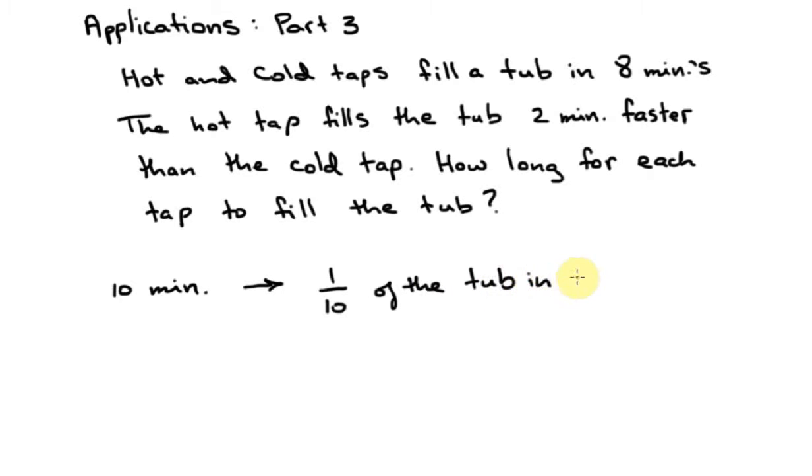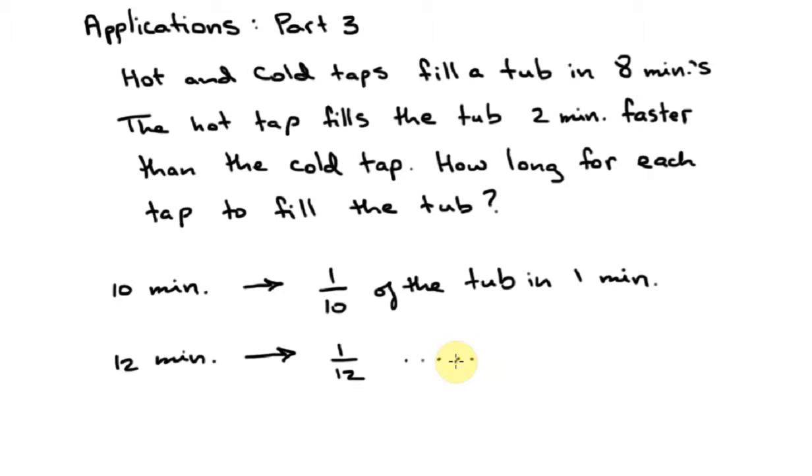That's the rate per minute. If it takes 10 minutes to fill the tub, then we'll fill 1/10 of it in 1 minute. Similarly, if it takes 12 minutes to fill the tub, then in 1 minute you will have filled 1/12 of the tub. Okay, so all the rest of it's the same.